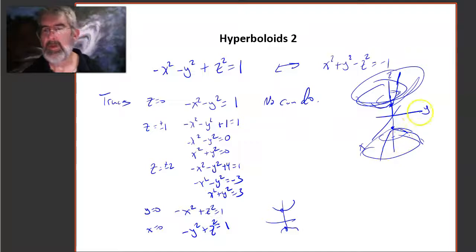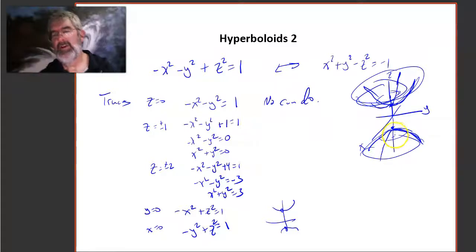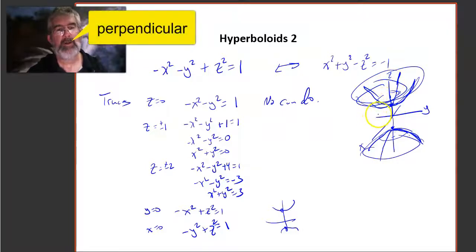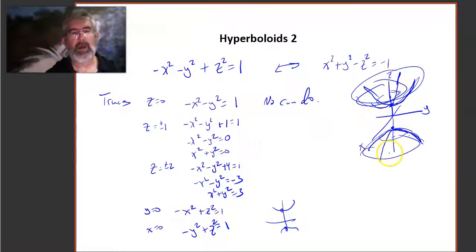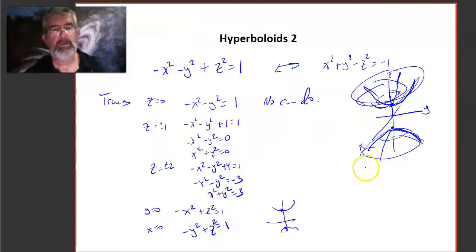So this is a hyperbola going this way. So the traces look like hyperbolas in two of the coordinate planes, and they look like either nothing or circles in planes parallel to the xy-plane. This is what's called a hyperboloid of two sheets.